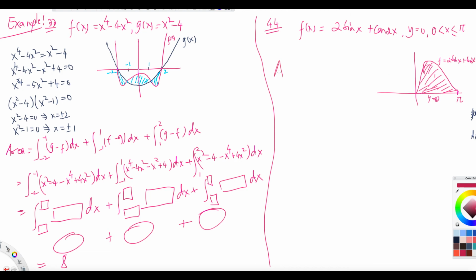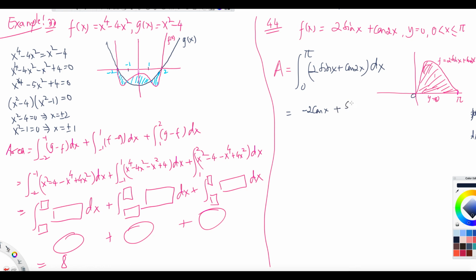Now what is the area then? Area will be the integral from 0 to pi of 2 sine x plus cosine 2x, minus 0, dx. So what is the integral of sine x? Negative cosine x, right? So it will be negative 2 cosine of x, and then plus, what is the integral of cosine 2x?